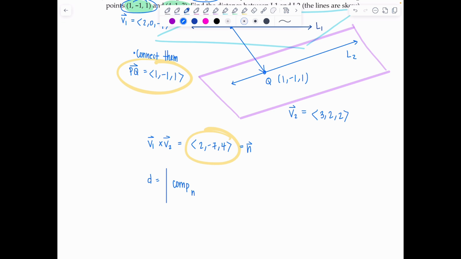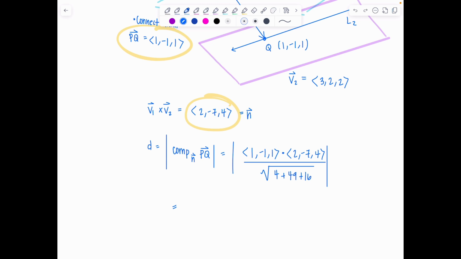So scalar projection of vector PQ along N, which is going to be their dot product, 1, -1, 1, dotted with 2, -7, 4, divided by magnitude of N, which would be square root 4 plus 49 plus 16.